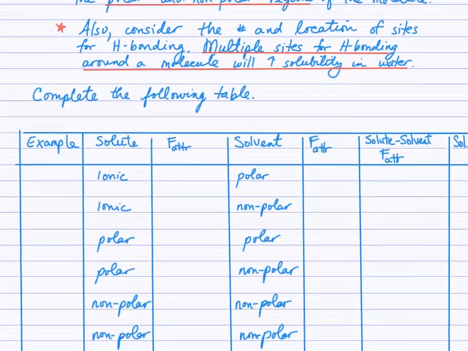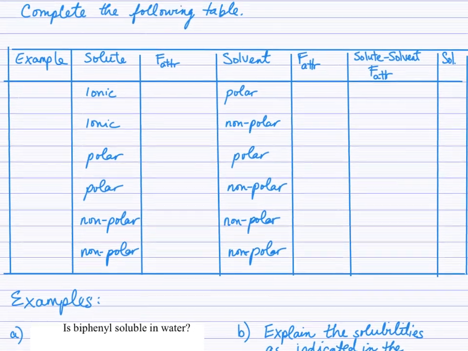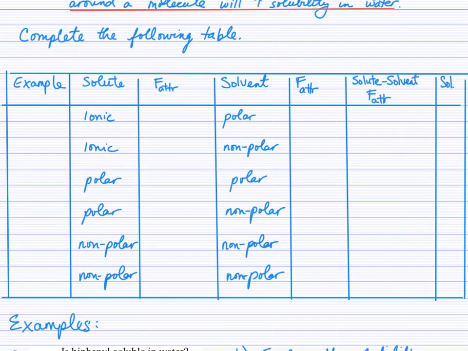Okay, so for this lesson, I've created a table, and I'm leaving the example column blank because I'm expecting you to fill that in either based on your knowledge now or as you learn about different organic families. Since we said the solute-solvent attraction is what's key, I've set up this table to first identify the solute for you, and then you need to fill in the force of attraction that those solute particles experience between other solute particles like them.